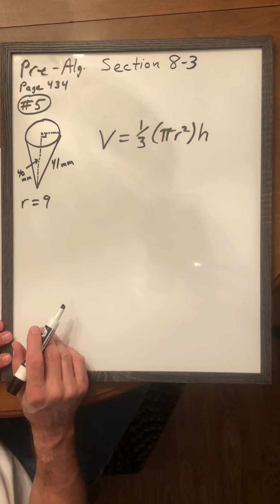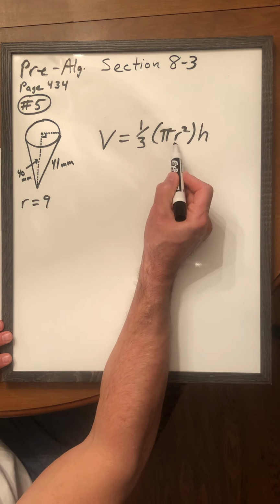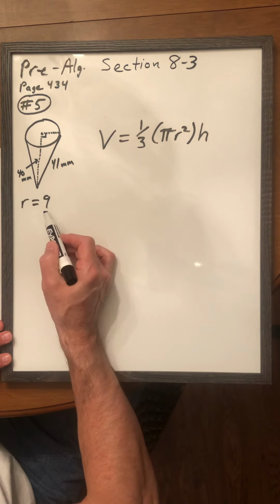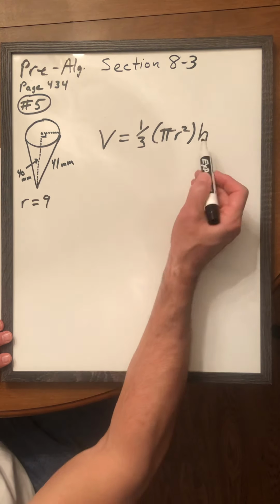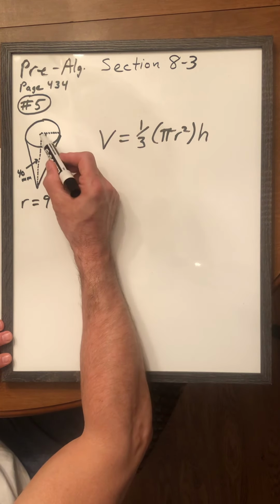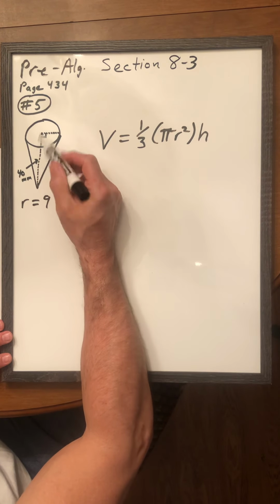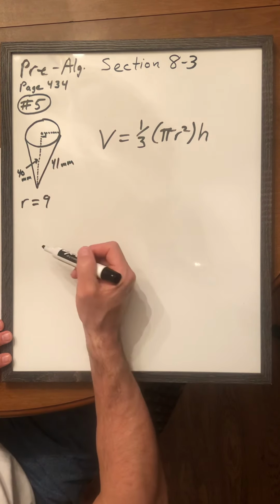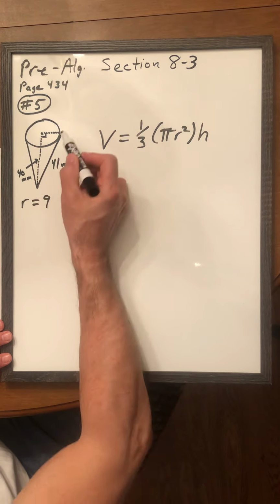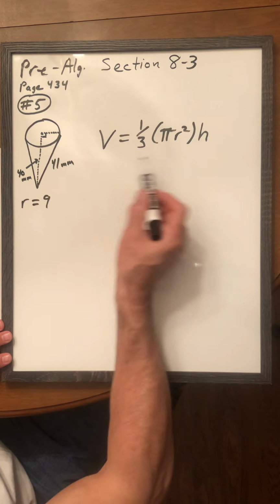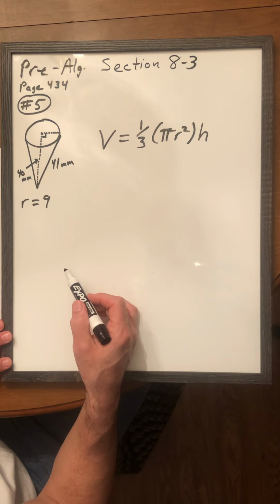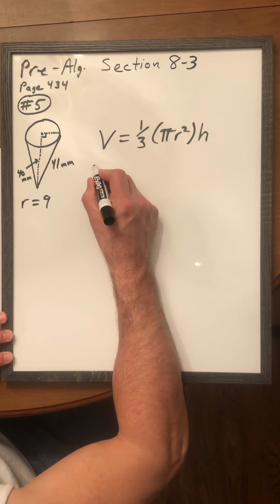Now I've got to plug in my number for R, which I know is 9, and then my height, which goes from the center of the base down to this point. That is the height of the cone, which is 40. The 41 is the slant height. We do not use that when we're finding volume. So I'm going to plug in my numbers.